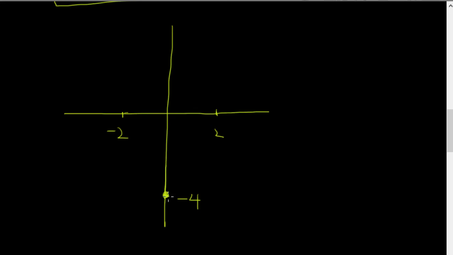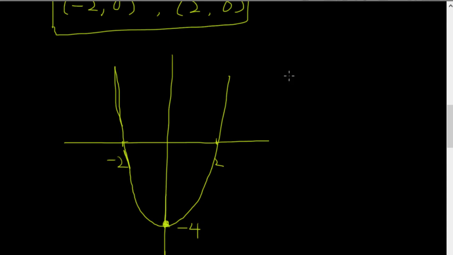The graph should look like this. We have 2 x-intercept points and 1 y-intercept point.